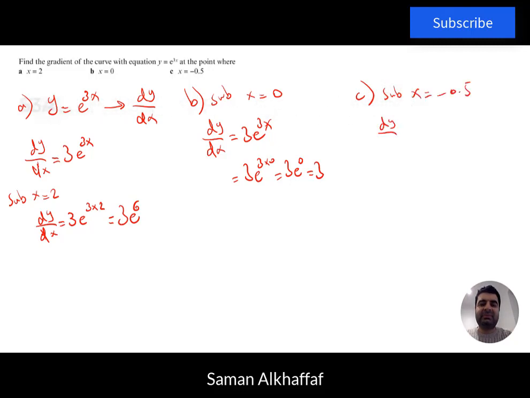We know dy over dx is equivalent to 3 e to the power of 3x, so we have 3 e to the power of 3 multiplied by minus 0.5, that will give us 3 e to the power of minus 1.5, and this will be our answer for part C.